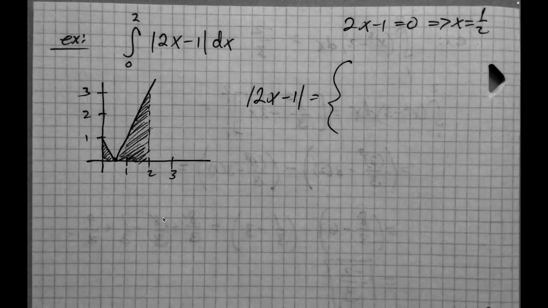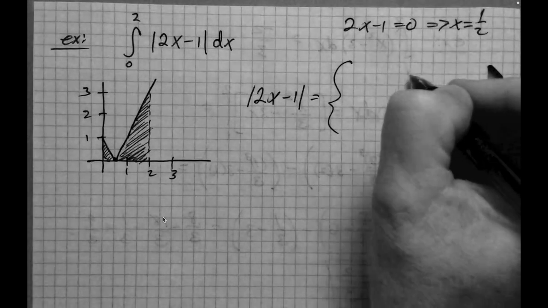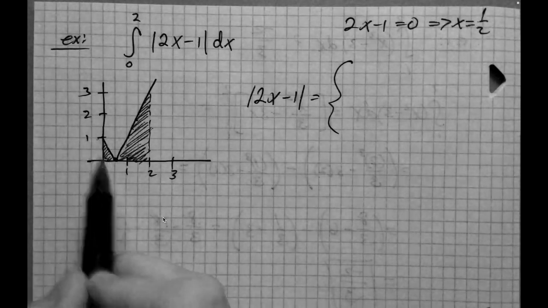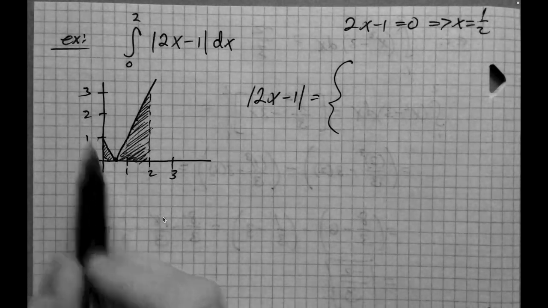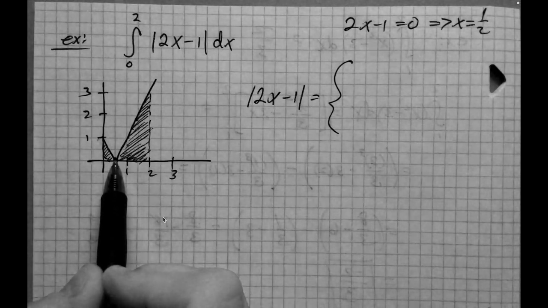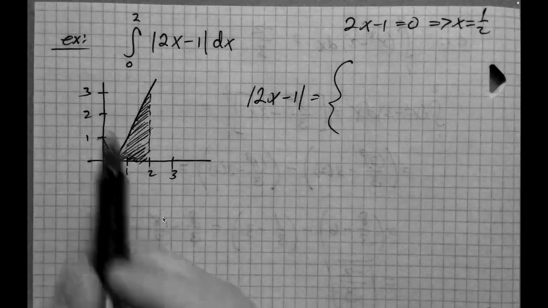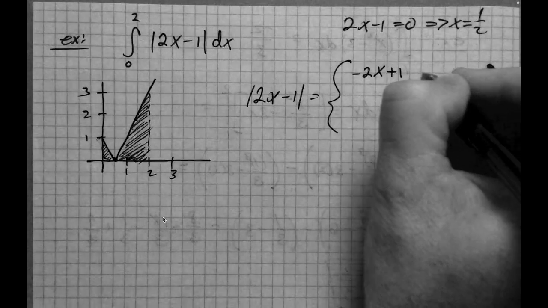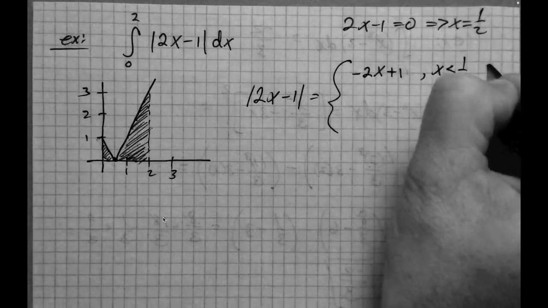That's sort of the boundary where the absolute value takes a different character, right? So if x is less than 1/2, i.e. this line over here, this is just a line, right? A linear function here. And so you can see that the slope would be -2, the intercept is 1. So you could write this as -2x plus 1, and that's when x is less than 1/2.